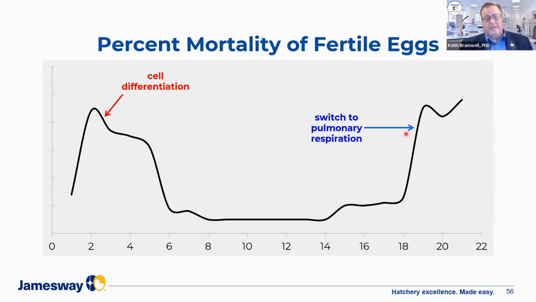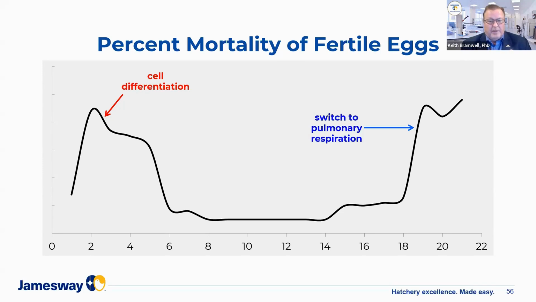So at 18 to 19 days, a very important thing happens to our embryos. They're growing along, they're cruising. Hopefully we've already transferred them, but it's right about that time, depending on your transfer time. The chick switches to pulmonary respiration, meaning up until that point, all of its respiration was through its circulatory system.